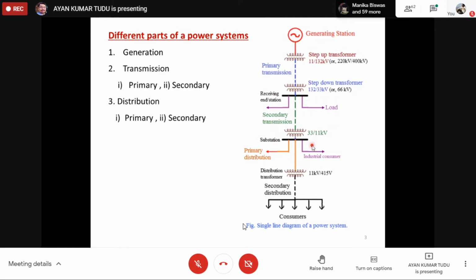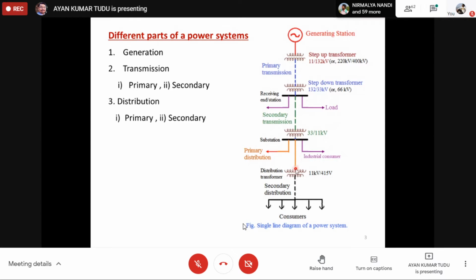I should have told you that a few industrial consumers require 11 kV voltage. For them, it is transferred from this substation to those industrial consumers, and then to the primary consumers like us. Okay, here it is going to our primary distribution.